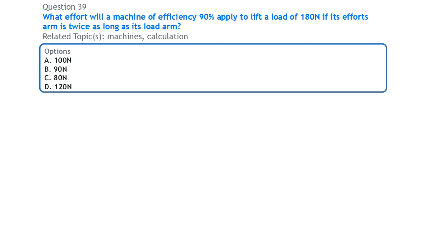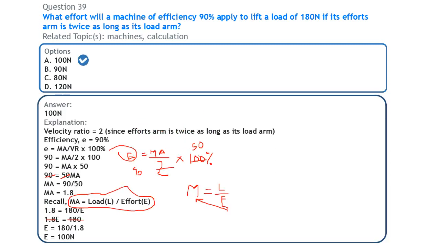Next, on machines, what effort will a machine of efficiency 90% apply to lift a load of 180 Newton if its effort arm is twice as long as its load arm? The formula for efficiency of a machine is equal to mechanical advantage over velocity ratio times 100%.